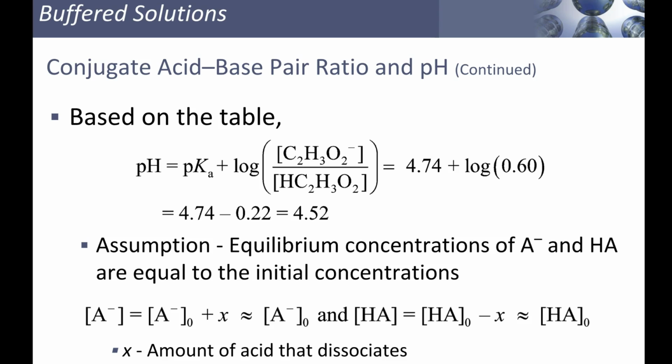So the assumption is the equilibrium concentrations are equal to initial concentrations. Okay. Why is it plus in that case? Because you do minus the log. The equation is pKa plus the log. Oh, I thought it was minus the log. It's plus log. That's why it ends up being negative.